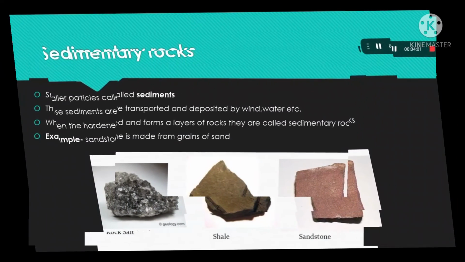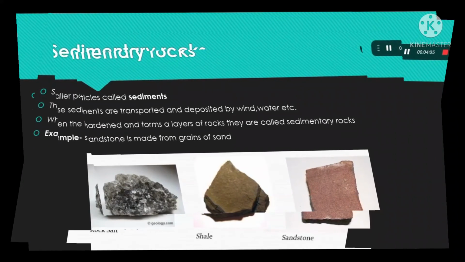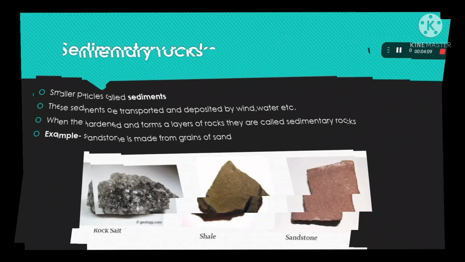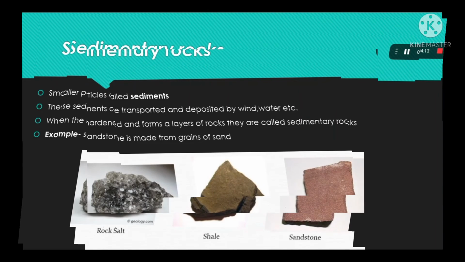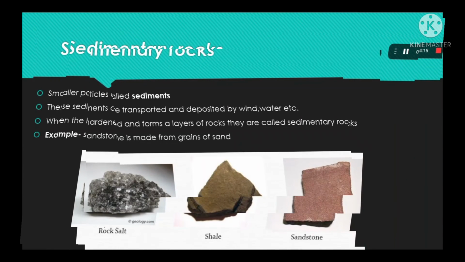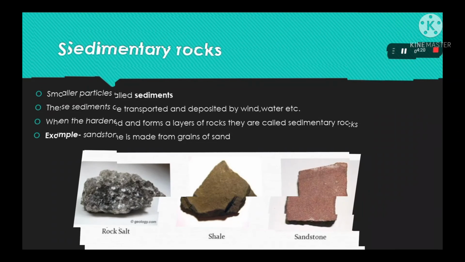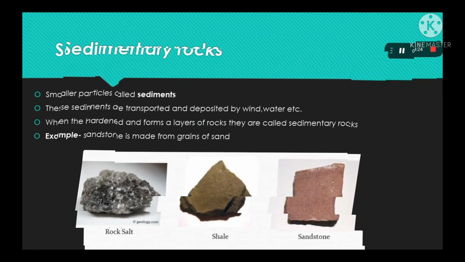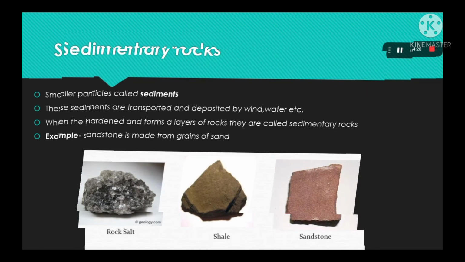When these sediments are transported and deposited by wind and water, they harden and form layers of rocks called sedimentary rocks. Example, sandstone is made from grains of sand. Other examples are rock salt, shale, and sandstone.